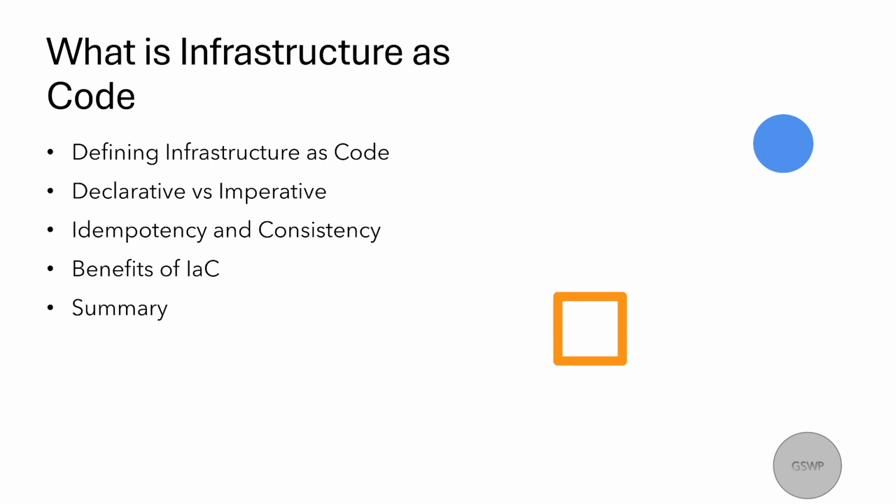Consistency is maintaining the same state. Benefits we already discussed. We can share the code with the team members, we can provision resources very efficiently, and the configuration will be the same for all resources. Summary of this course is done, so let's move into the next module.